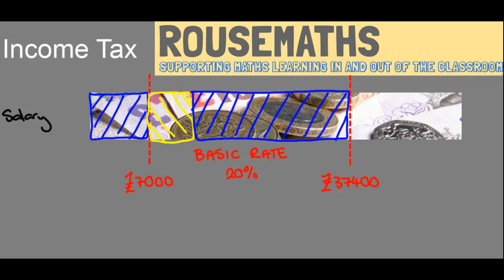Then above 37,400 is the high rate of tax. And that's currently 40%, and that means that for the rest of your salary a large chunk is taken off in tax, and then you keep the further 60%.